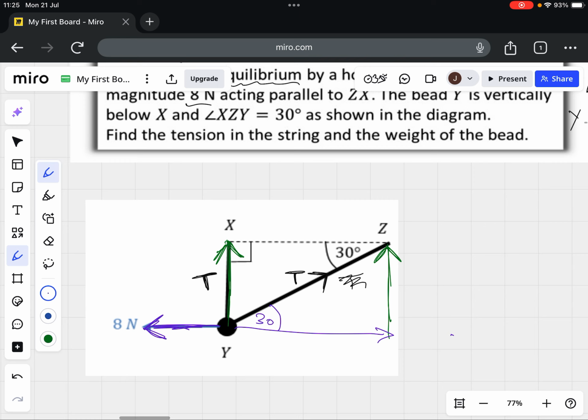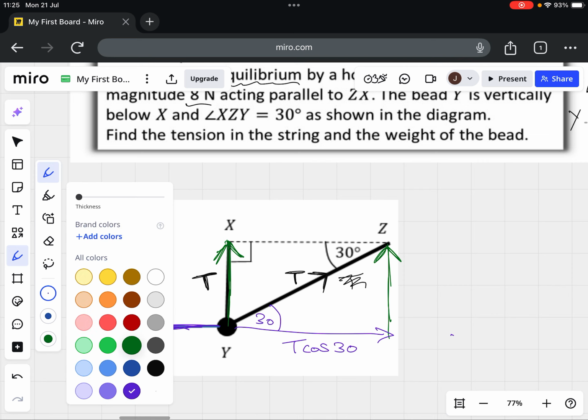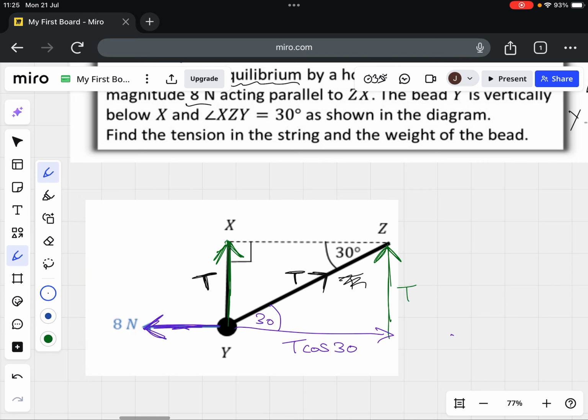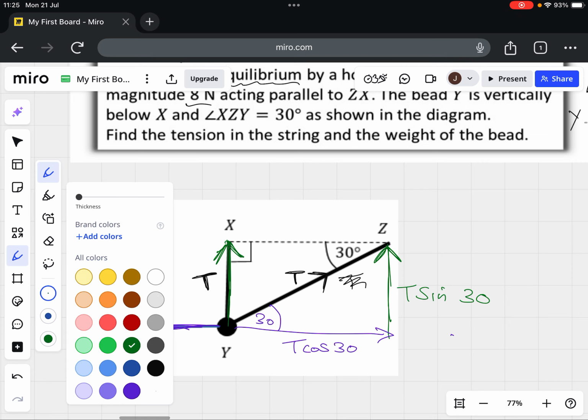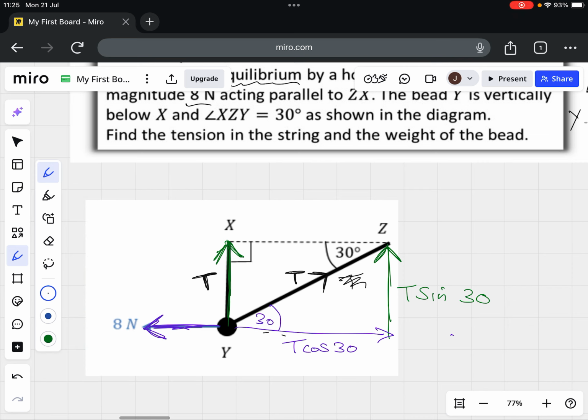So I'm going to write this purple one across here as T cos 30, and this one here I'm going to write as T sine 30. So just check that you're happy with how I've said that these bits together make up this diagonal line here. Then I'll put it all in the same color so it's easy for me to think about.